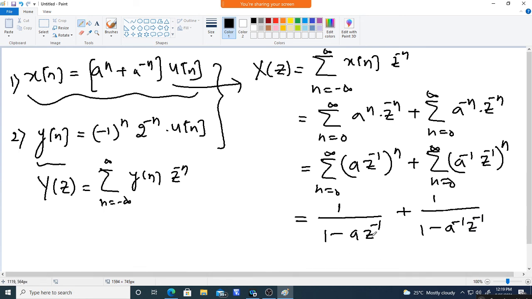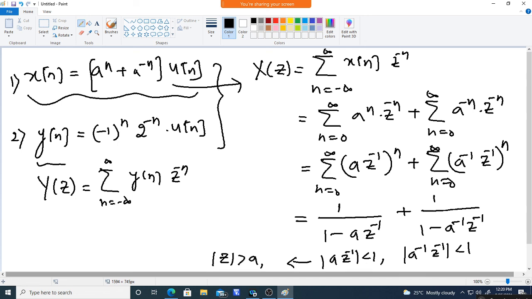Now here magnitude of a z inverse should be less than 1, and a inverse z inverse magnitude should be less than 1. So the magnitude of z should be greater than a, and here z should be greater than 1 by a.